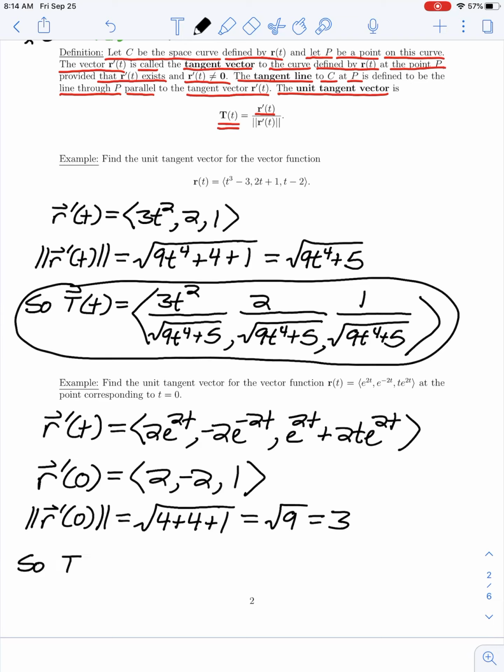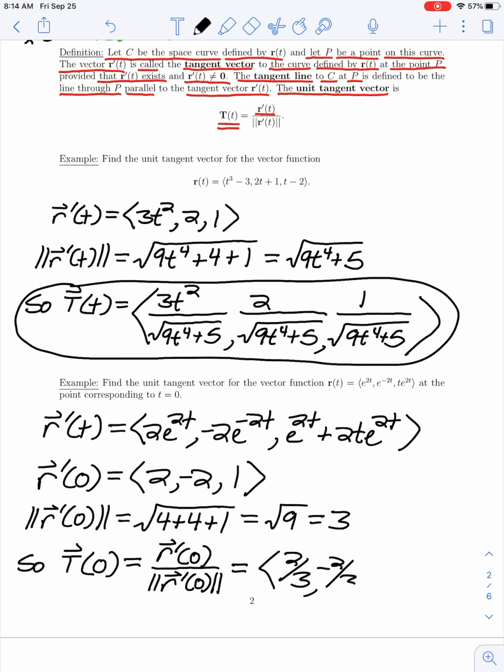So our unit tangent vector, T at the point corresponding to little t equals 0, would be given by r prime of 0 divided by the magnitude of r prime of 0. So for our first component, we would have 2/3, then a negative 2/3, and 1/3.